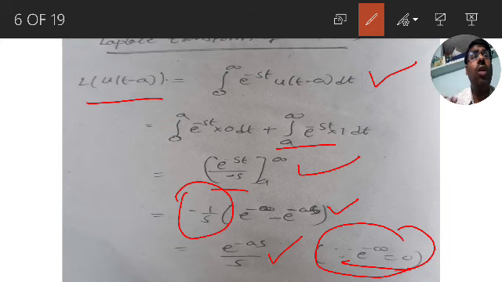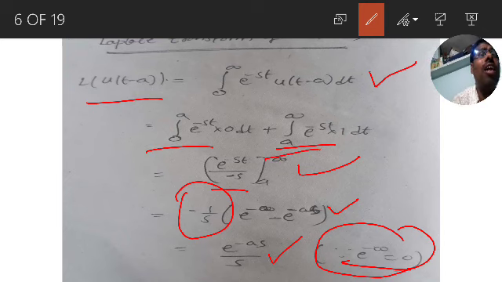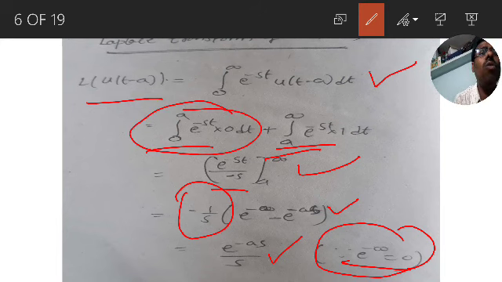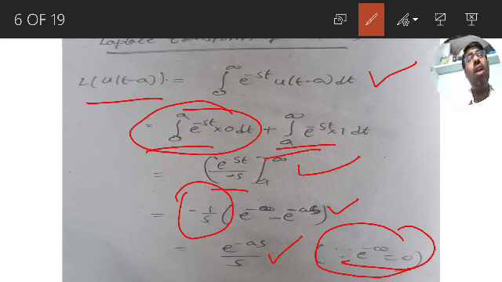It is 0 from 0 to a and 1 from a to infinity. That's why we divide the integral into two parts, 0 to a and a to infinity. In 0 to a it is 0, so there is no need for the first integral, only the second integral from a to infinity of e power of minus st dt.